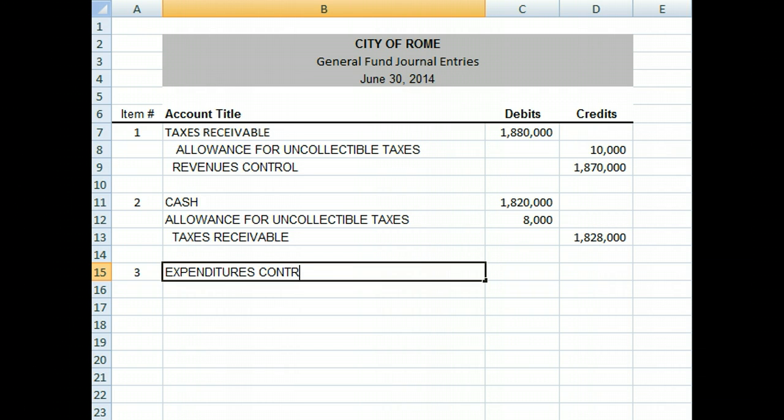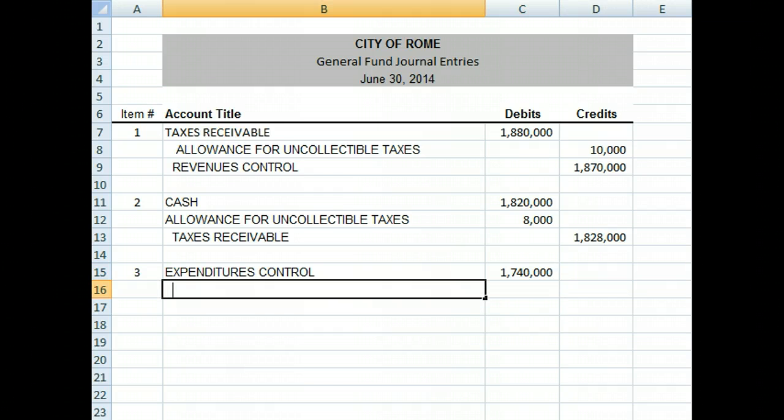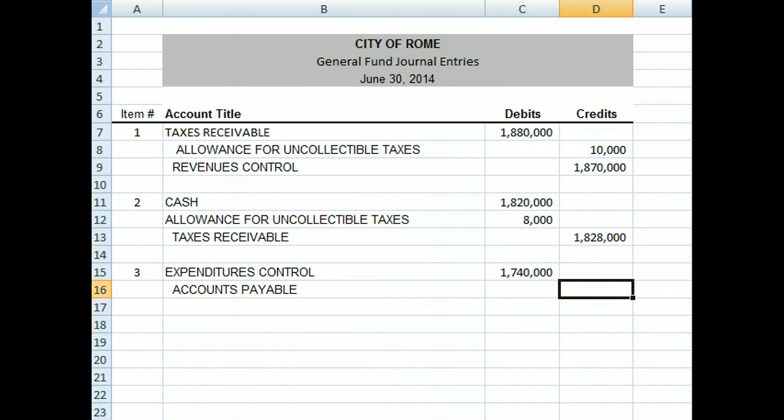Again, in our subsidiary ledger we'd identify the specific individual accounts, and that's your $1,740,000. And we have an offsetting credit to accounts payable for $1,740,000. So now we've recreated that credit entry.